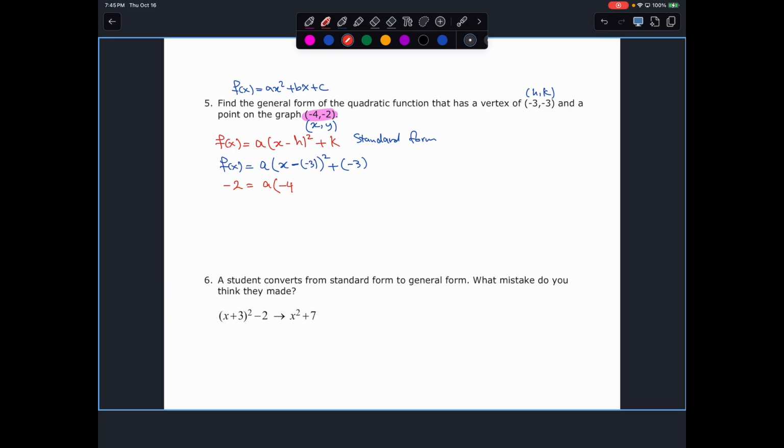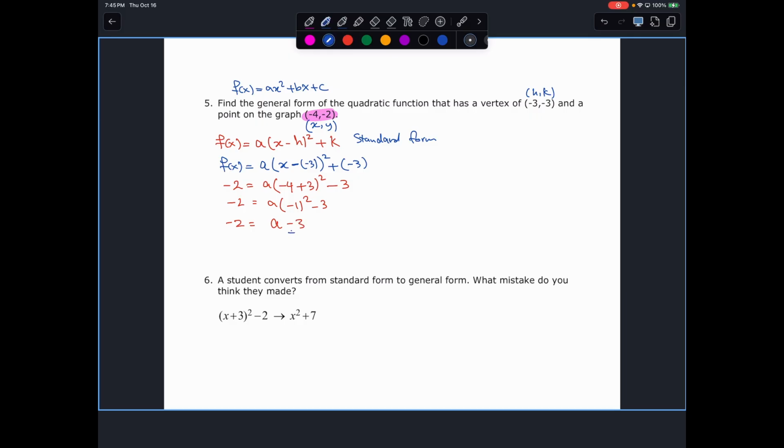So -4 minus minus is plus, so plus 3 all squared, and then minus 3. Now, all I need to do is just do the math. So -2 equals a times -4 plus 3, which is -1, all squared, minus 3. -1 squared is +1, so it's going to be a times 1, that is a, minus 3.